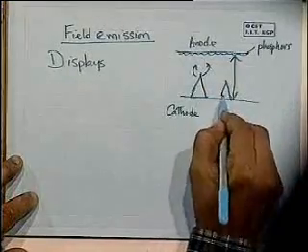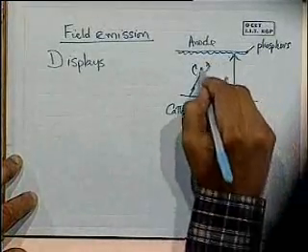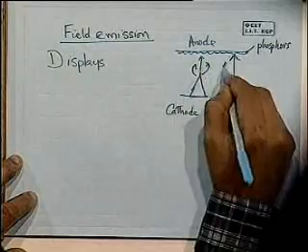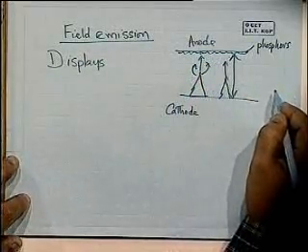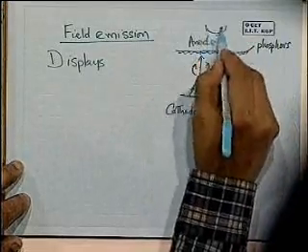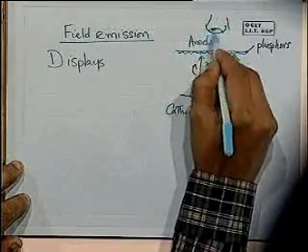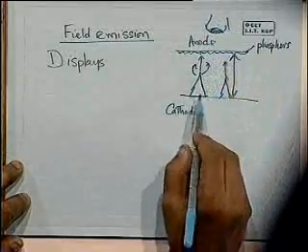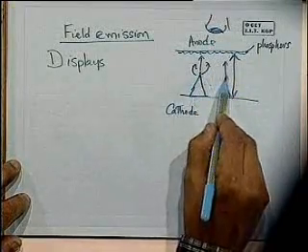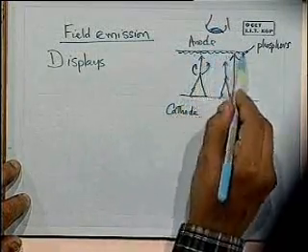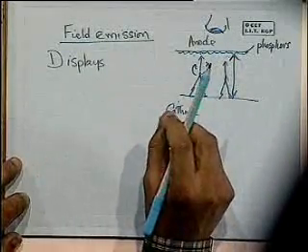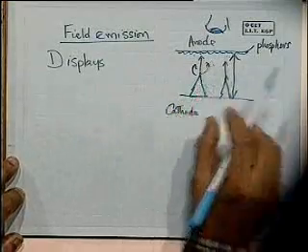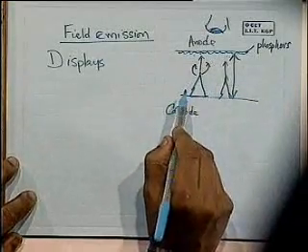And you have millions of these points, and when they emit electrons, they strike these phosphors and they produce light.